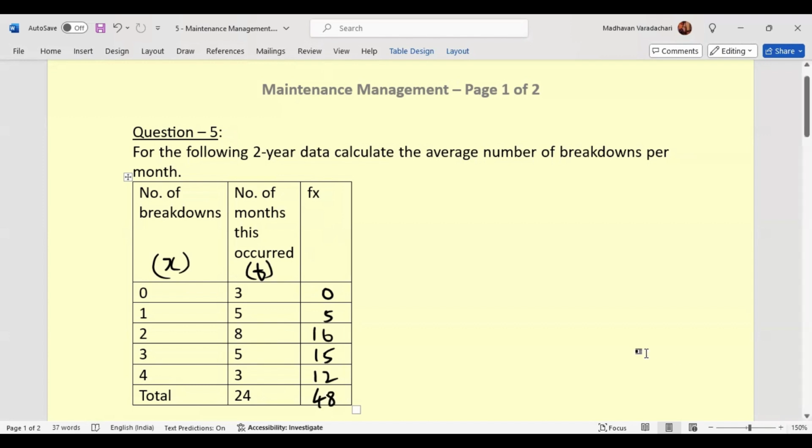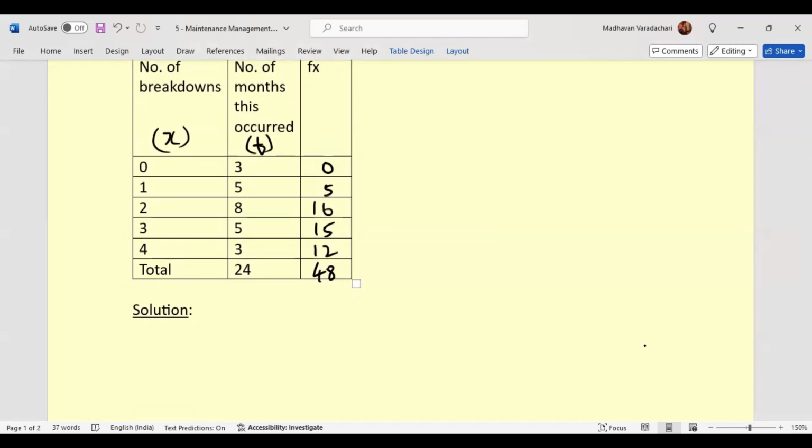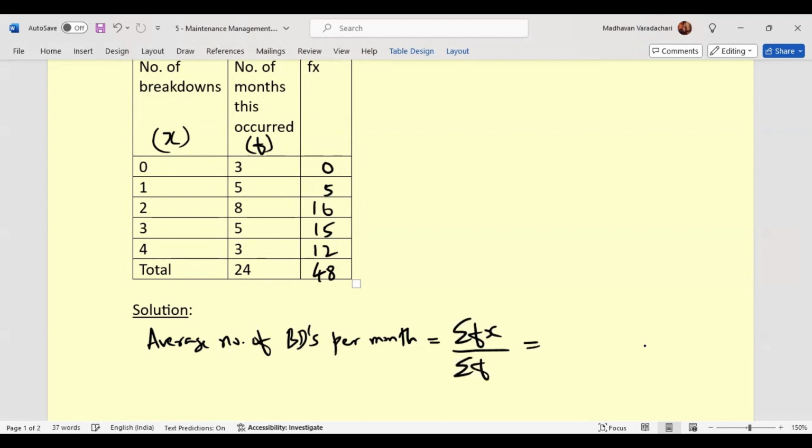So we can say now average number of breakdowns per month will be summation F into X divided by summation F, which is 48 by 24. That means 2 breakdowns per month. So that is the solution for this question.